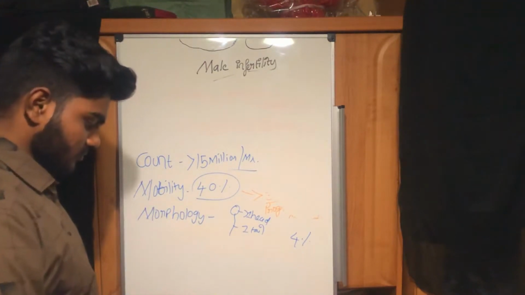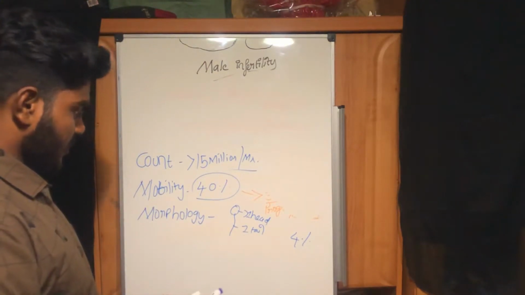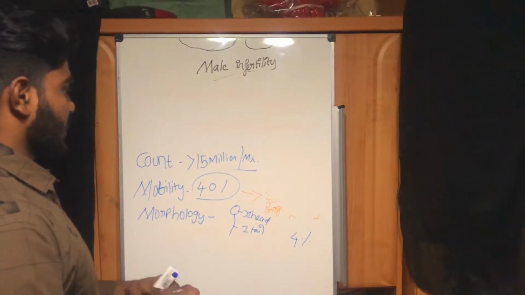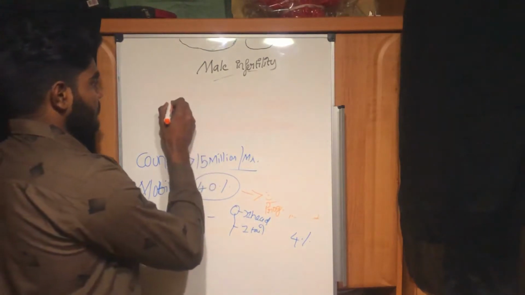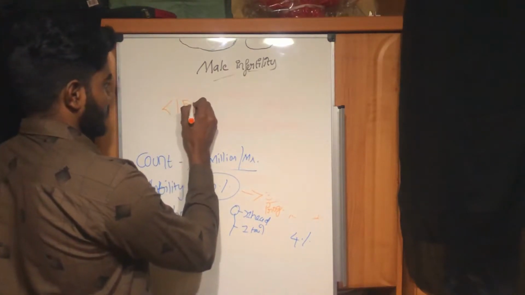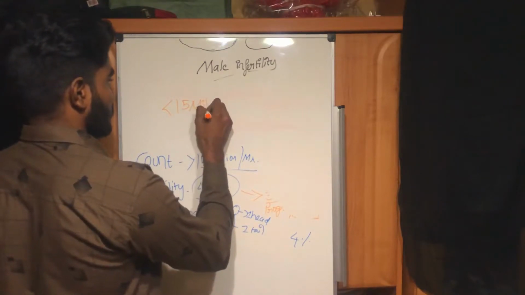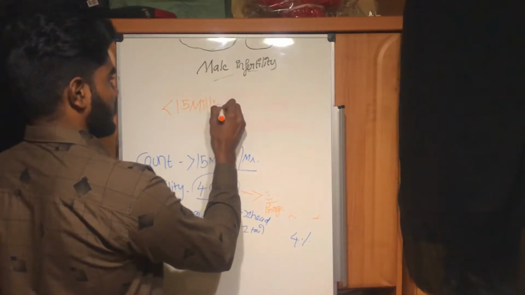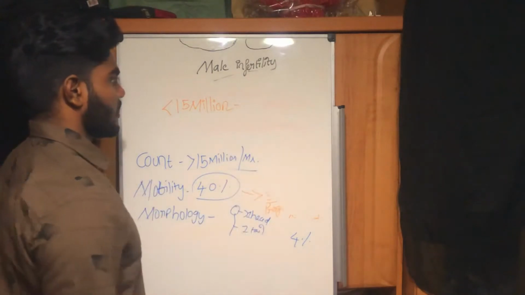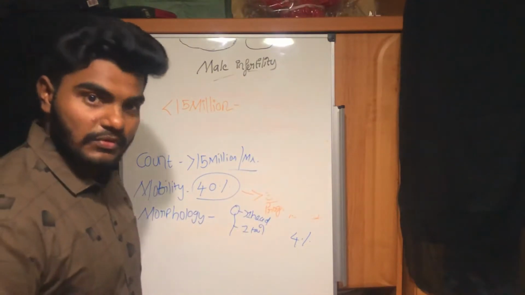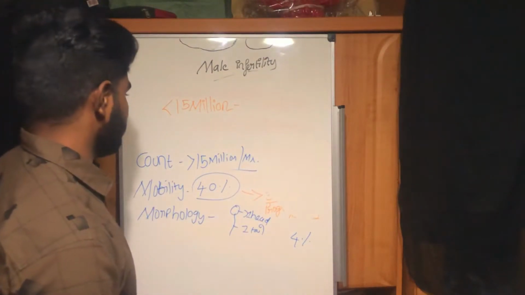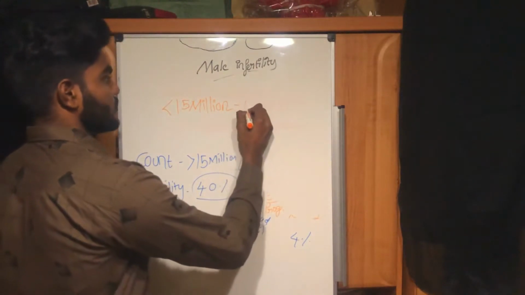Now listen. If the count is less than 15 million, that is oligospermia.